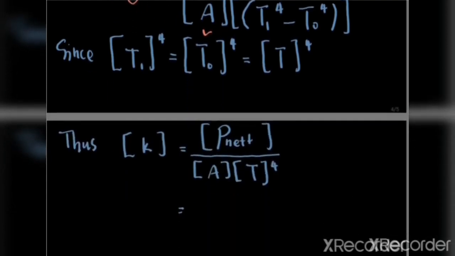Thus, the dimension of K equals the dimension of P_net divided by the dimension of area times the dimension of T^4.